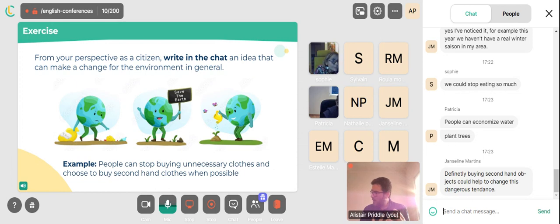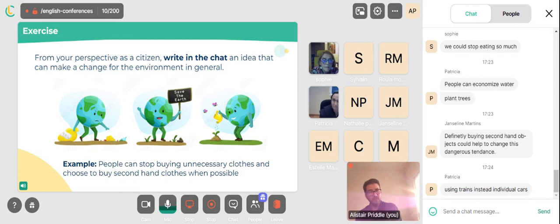Yes, we are a society of consumers, and we consume and consume. And of course, by upcycling, by reusing objects, we can decrease that consumption. Using trains instead of individual cars, yes, using public transport, that's a good idea too.